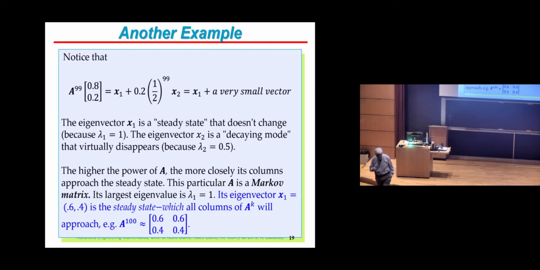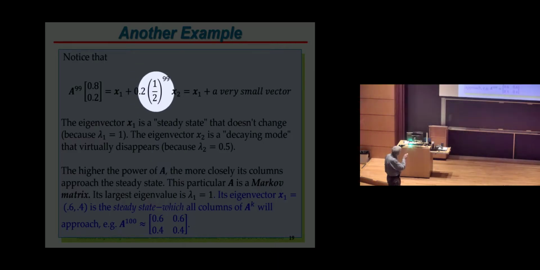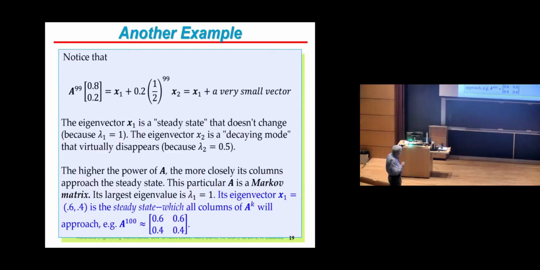All right, and this has very much to do with the spectral decomposition theory, right? That you can write every matrix in terms of its eigenvectors, and eventually, because lambda 2 here, these terms die out. The only thing that stays is x1, and this is how the matrix looks eventually.